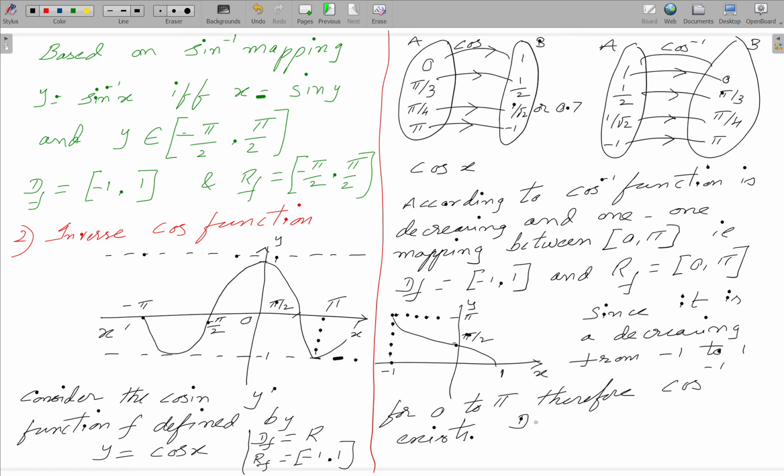So we conclude that the domain of f is -1 to 1 and the range of f is equal to 0 comma pi.